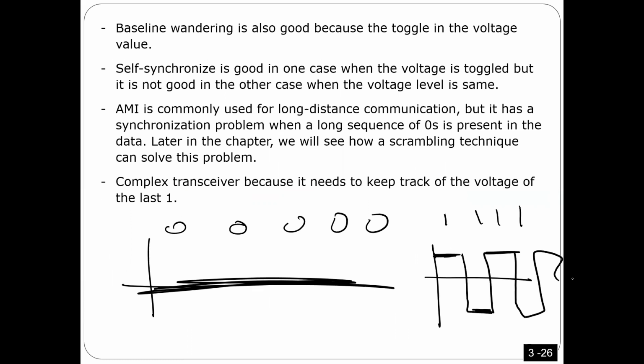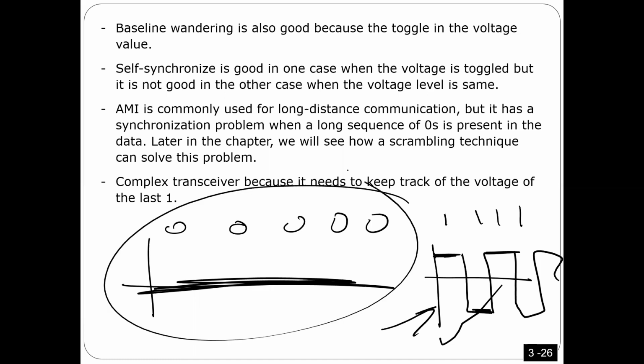Every 1 is going to make an inversion, every one is going to flip. Is this good or bad? This is perfect. This is very good for synchronization, and very good for DC component and so on. So we solve the problem only 50% of the time, when we have ones, but not 100% because of the 0s.